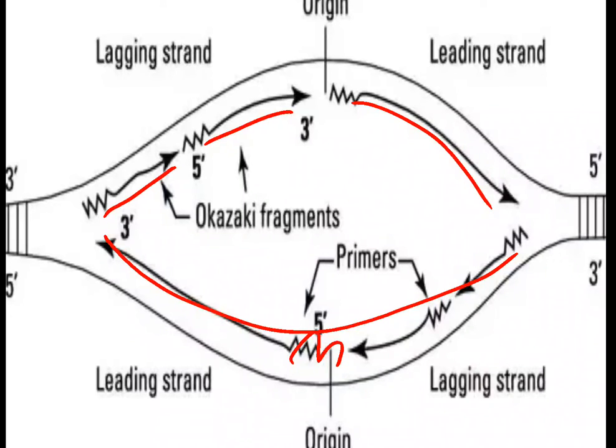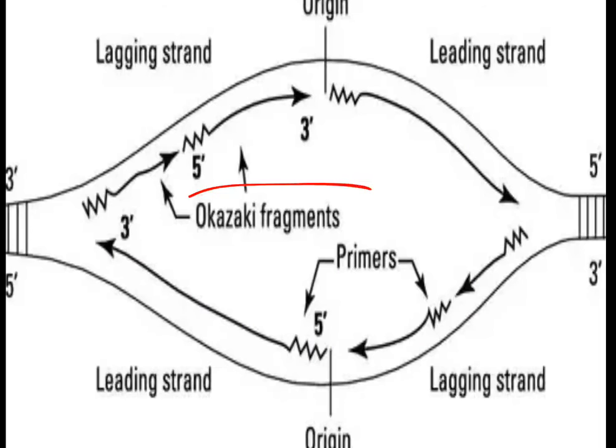Because one strand is continuous, that is called the leading strand, and the other strand is called the lagging strand. And here the small segments which are seen to be synthesized are called the Okazaki fragments.